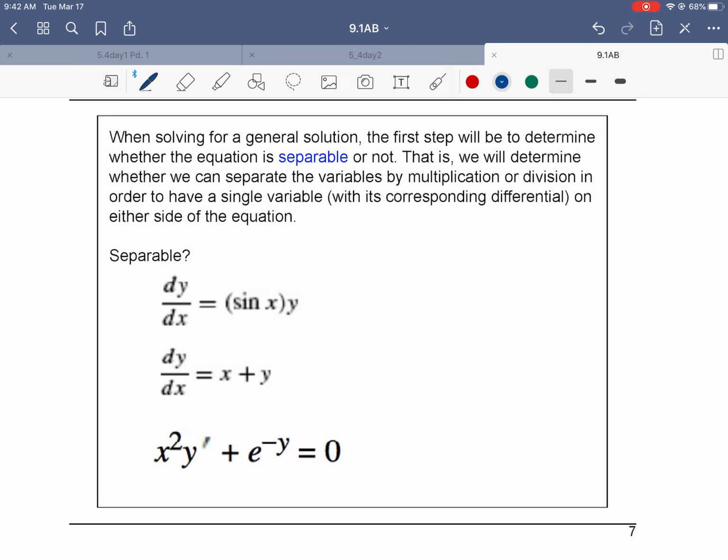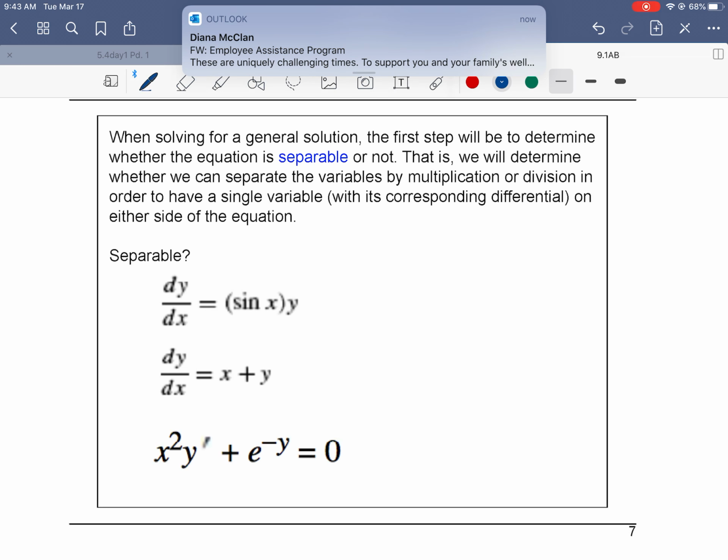Well, yes and no. First of all, not every differential equation is separable, so therefore we cannot solve it. When solving for a general solution, the first step will be to determine whether the equation is separable or not. So we want to figure out, can we put the y's on one side and the x's on the other side?